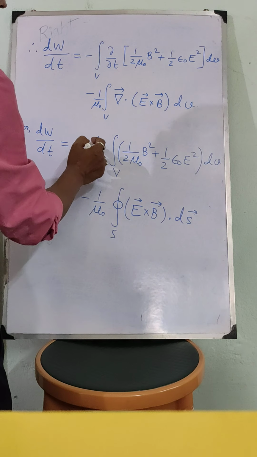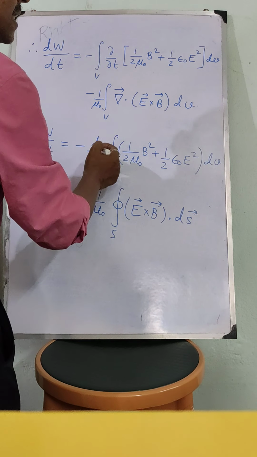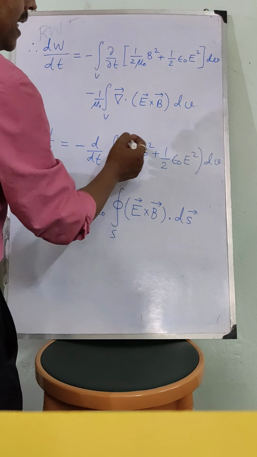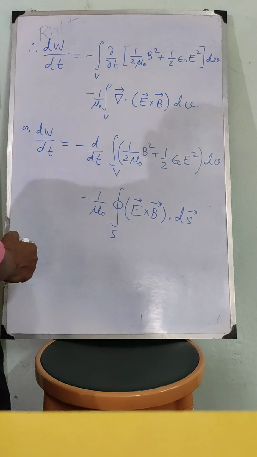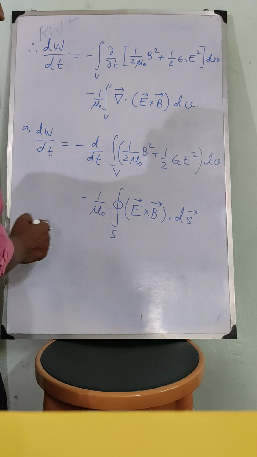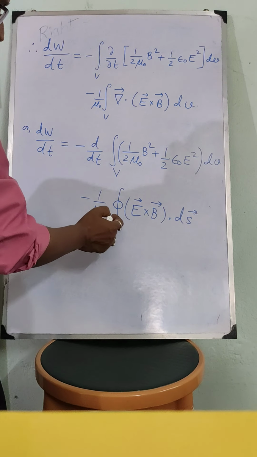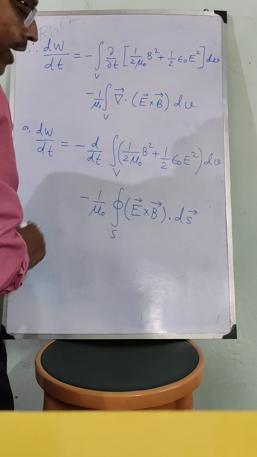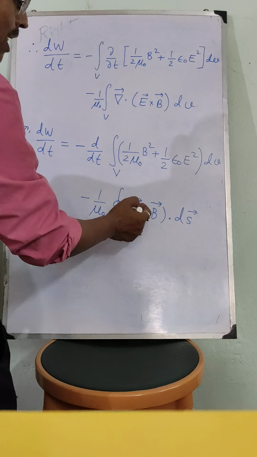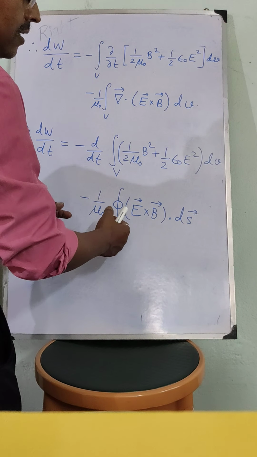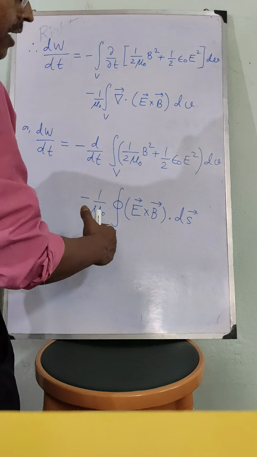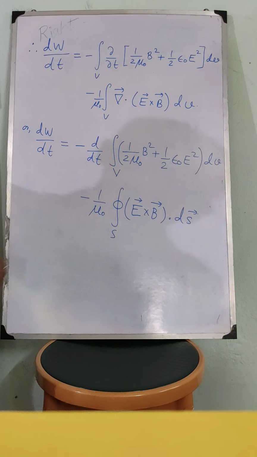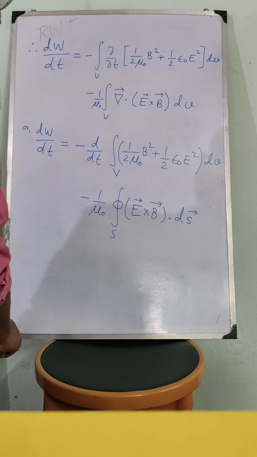Now I am taking minus d dt, so that means this is the rate of decrease of the energy stored in the electromagnetic field in volume V. And here with the minus sign I have this quantity. Now this 1 by mu 0 E cross B is the Poynting vector. This is actually the energy transported by the field out of the volume V across surface S. So this is nothing but Poynting's theorem.